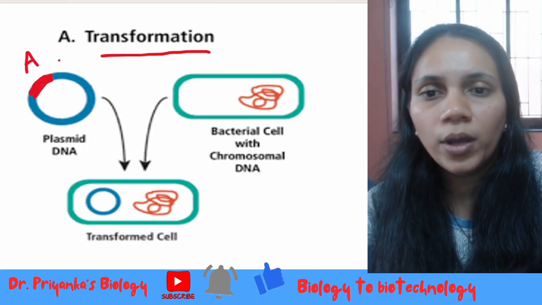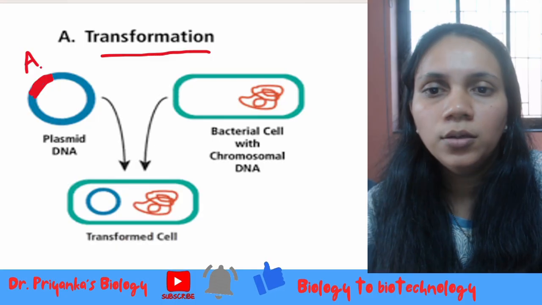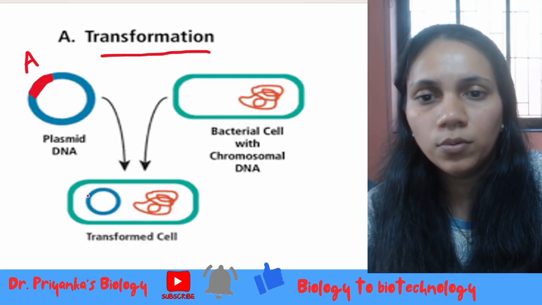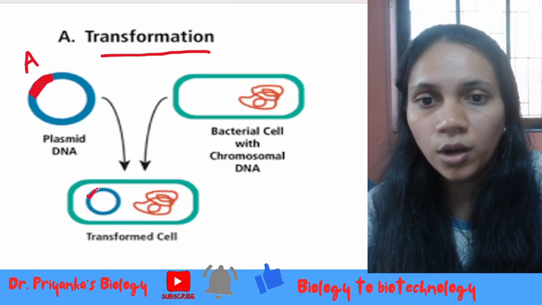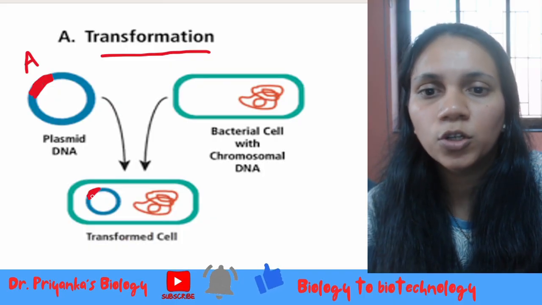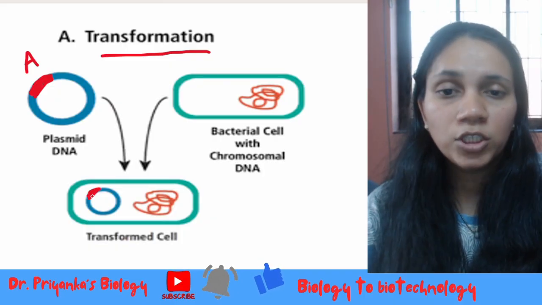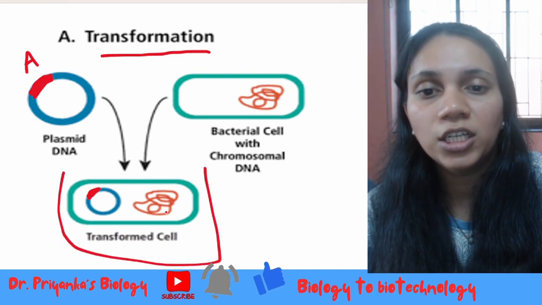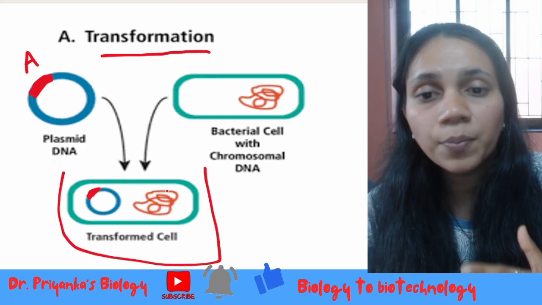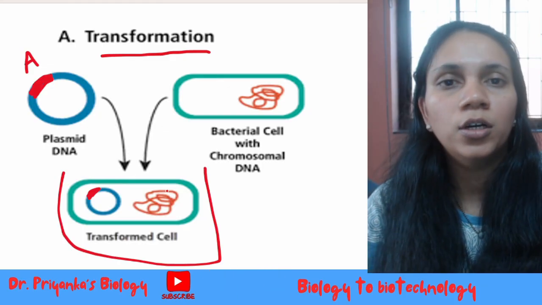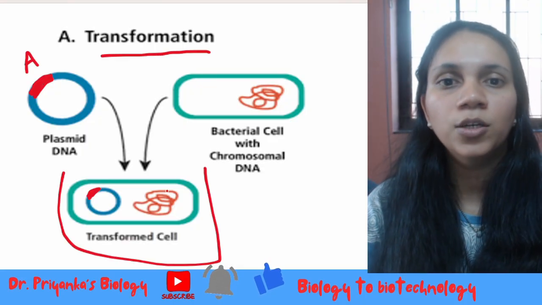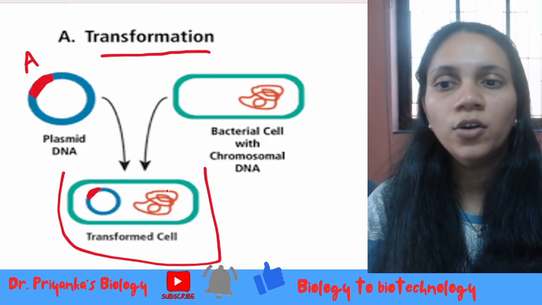When we introduce such a plasmid into a bacterial cell, we will look for the expression of this foreign gene. When we multiply such cells under culture conditions so many times, we get that many fold of the protein of this newly introduced gene as the product. So this is transformation.